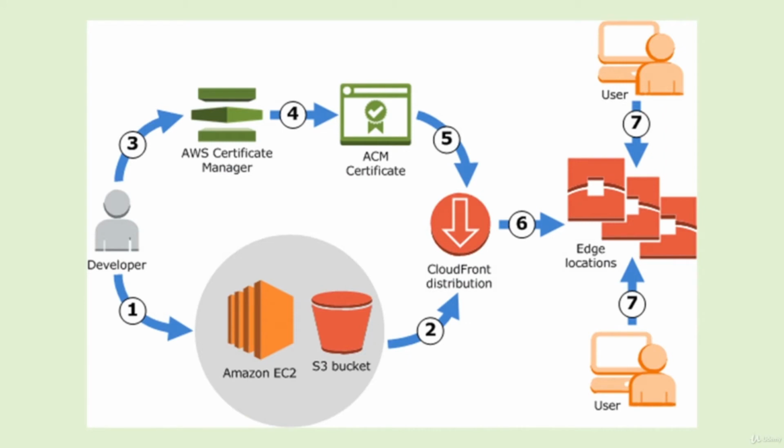Here is the workflow. You are a developer or in a team of developers. You could create different instances or other resources like S3, EC2, Lambda, Mobile Hub, all things like that. Then you could generate a certificate manager request, generate an ACM certificate, Amazon Certificate Manager.